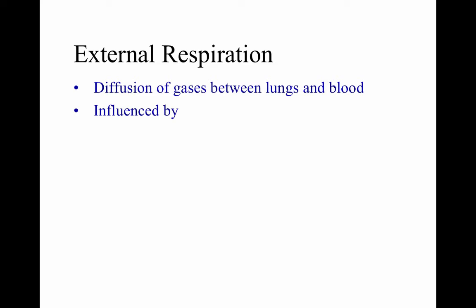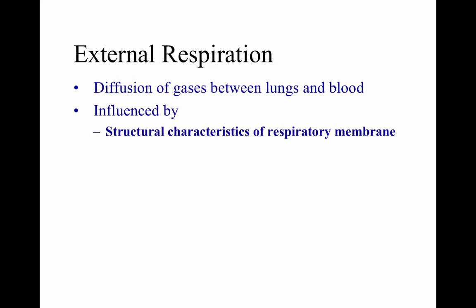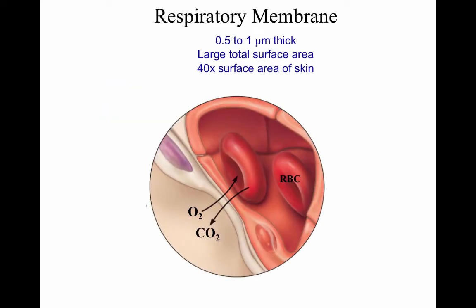External respiration then is diffusion of gases between lungs and blood, and this is influenced by structural characteristics of the respiratory membrane, as well as partial pressure gradients and gas solubilities. And what we see is that the respiratory membrane is only 0.5 to 1 micrometer thick, and it has a large total surface area, about 40 times the surface area of skin. So if we could take all of these membranes in one set of lungs, they could be laid out on the floor of a 400 square foot room.